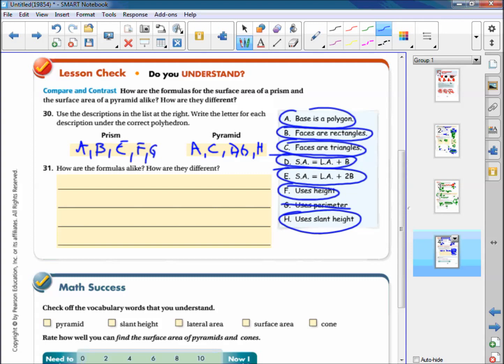So how are the formulas alike? They're alike by the fact that, let's see, what's the same in both? So we need to know the area of the base, and they have to know the perimeter. So they are alike in that we need the area of the base and the perimeter of the base for both.